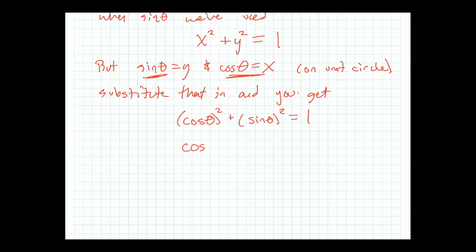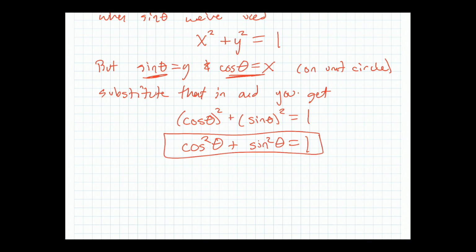Or written this way, cosine squared theta plus sine squared theta equals 1. Now, this is always true. It doesn't matter if you're on the unit circle or anything. This is always true.